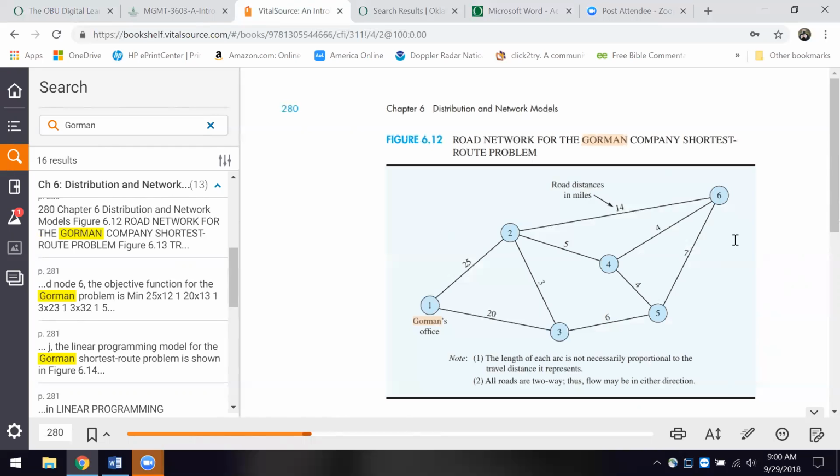Now, I want to point out something. As I've said every time I do a lecture, these numbers we come with are typically based on historical data, research that the company has done, or company standards.